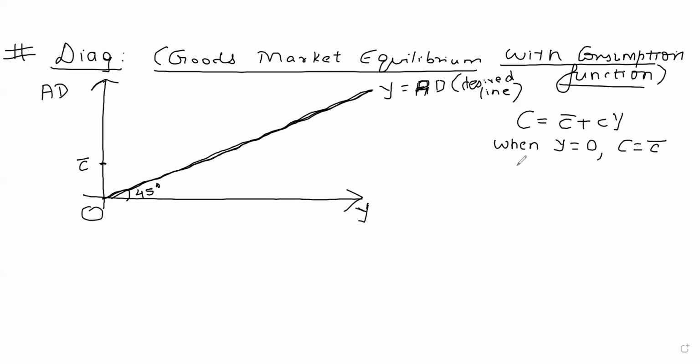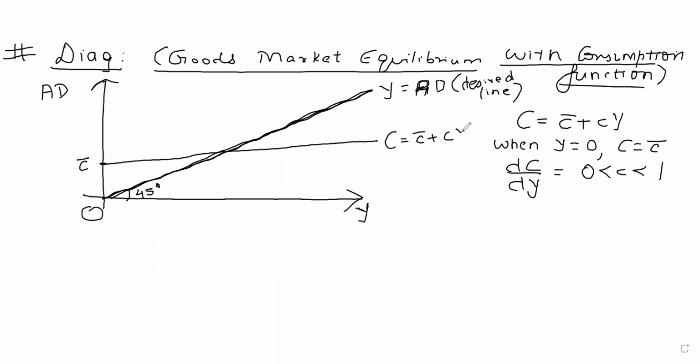And if I take the derivative of consumption with respect to income, it is small c, which lies between 0 and 1, because we have just learned that marginal propensity to consume lies between 0 and 1. So the slope is positive, greater than 0, and it's upward sloping. So this is my Keynesian consumption function, C bar plus cY. This is my autonomous consumption.